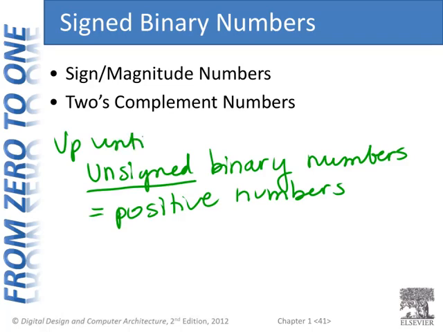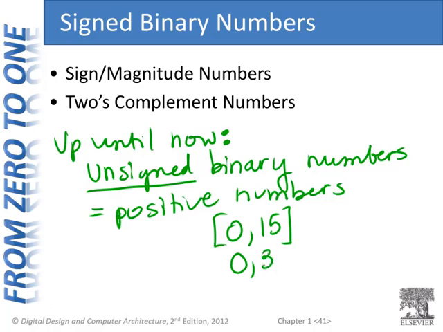Our ranges have gone from, for example, for 4 bits, 0 to 15. For 5 bits, it would be 0 to 2 to the 5 minus 1. 2 to the 5 is 32, so minus 1 is 31. So I've talked only about positive numbers.